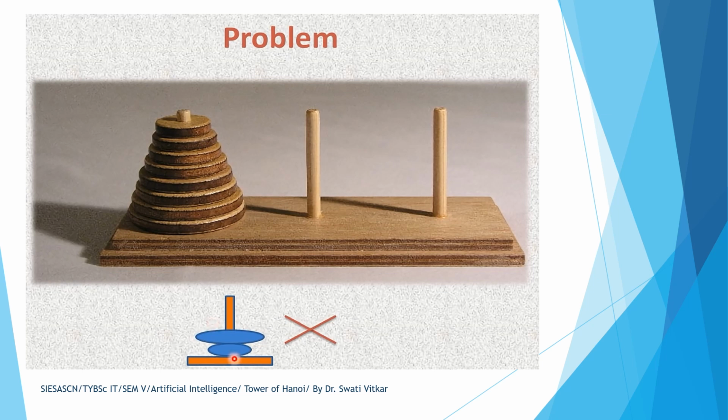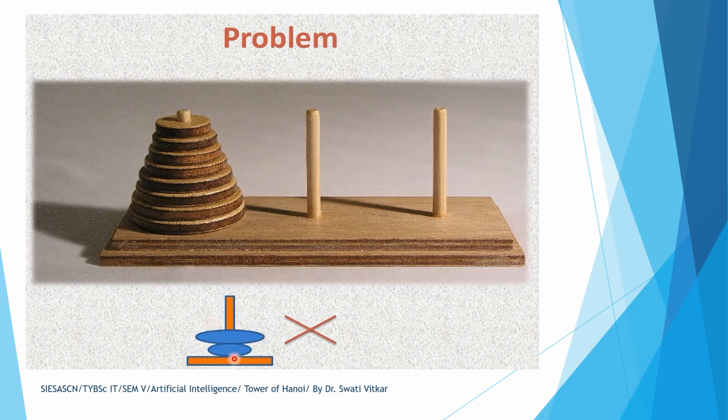So it is not easy to transfer all the disks. So for help, one more auxiliary tower is given, which can be used for transferring the disks. There can be any number of disks in this tower.